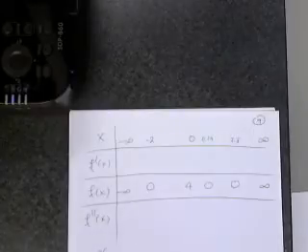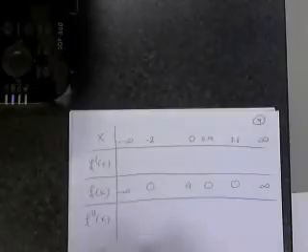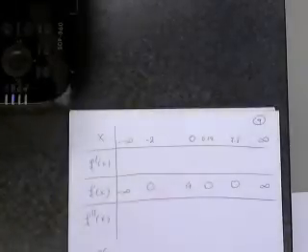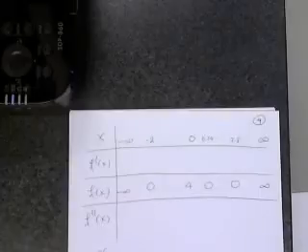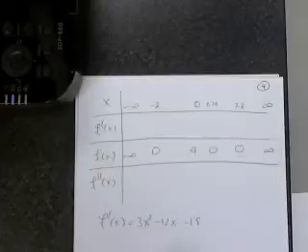Okay. So how much is f prime? F prime is 3x squared minus 12x minus 15. I can give you f double prime as well, but I need critical numbers first, and then we look at f double prime. So what will you do?